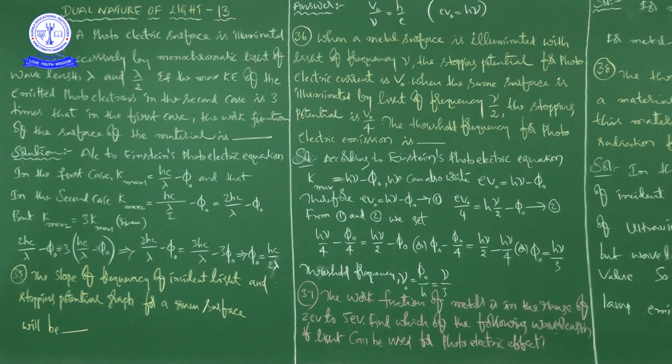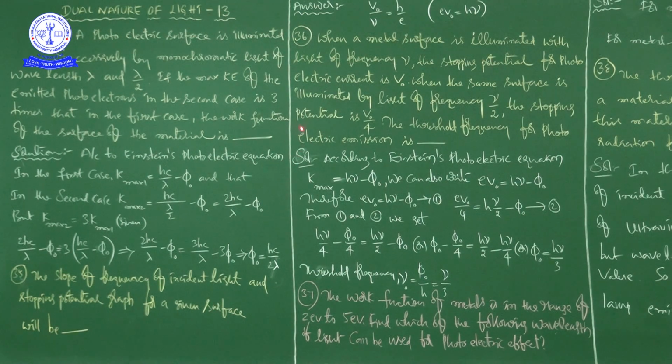is equal to h by e, so you can see this one also, e V naught is equal to h nu. So V naught by nu is equal to h by e. This is what we got here, that is the slope of frequency of incident light and stopping potential, right.